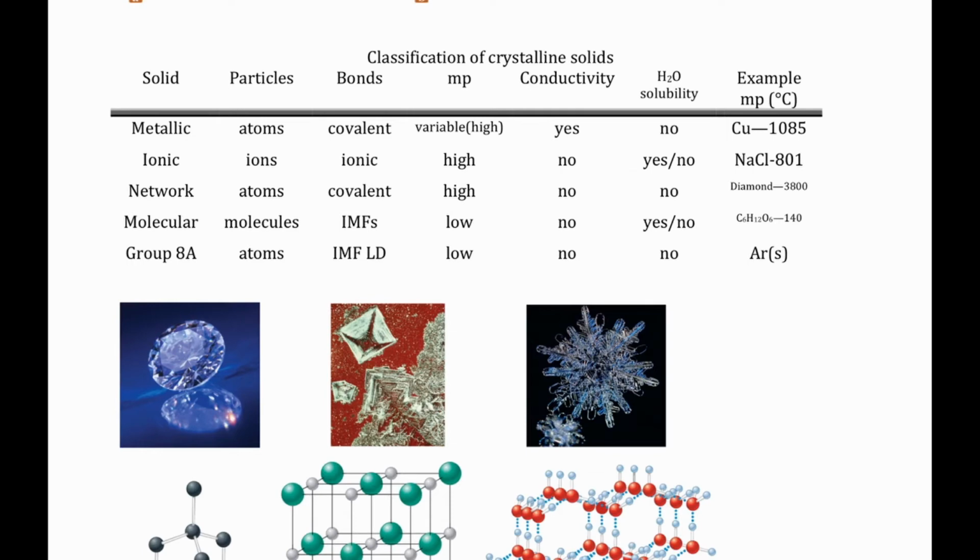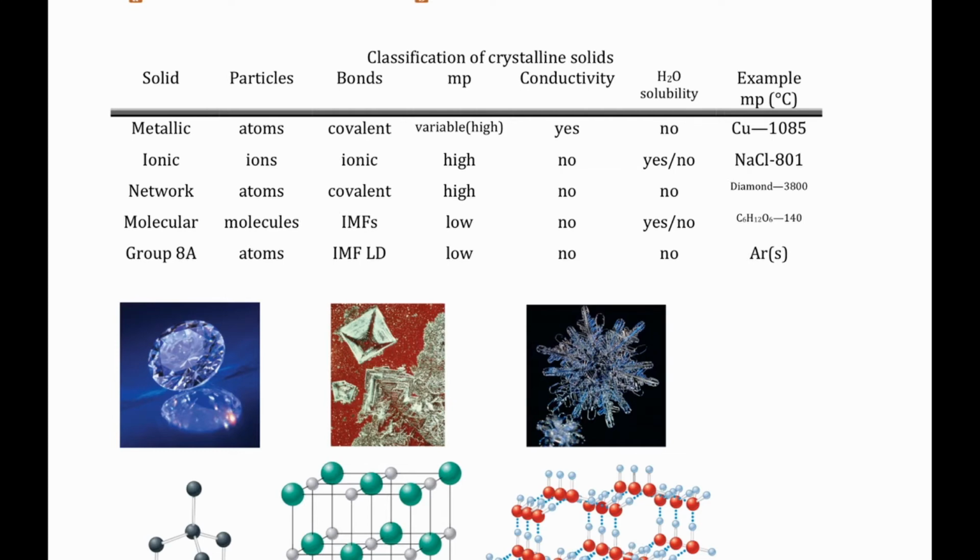Ionic solids, sodium chloride, for example, there we have the particles being a bunch of ions held together by the ionic bond. Melting points of ionic compounds are high. It would be difficult for us to ever try to melt an ionic compound on our typical stove in a typical home. They do not conduct.